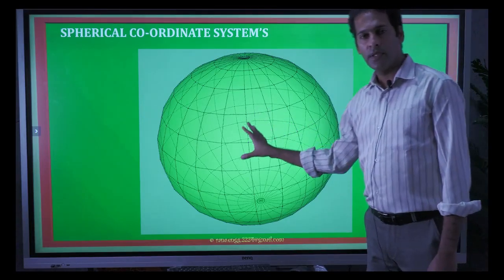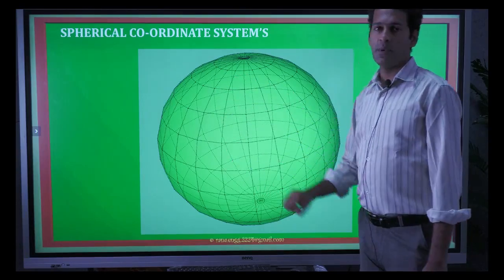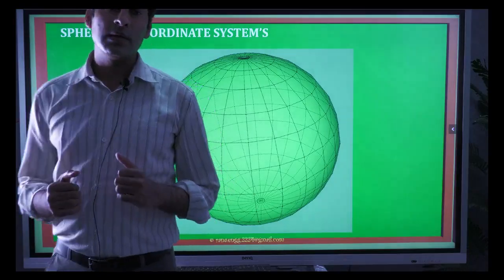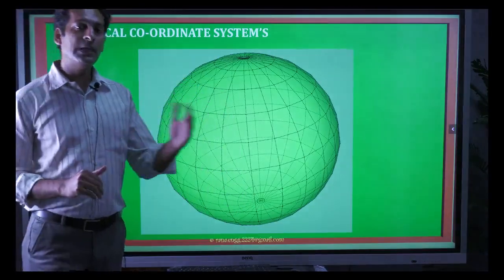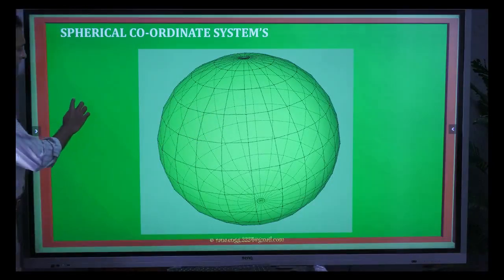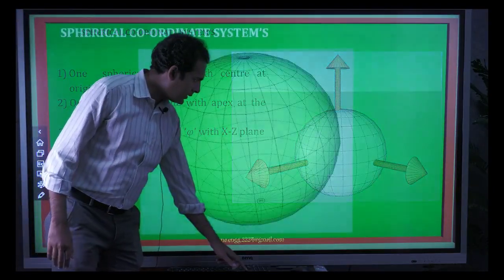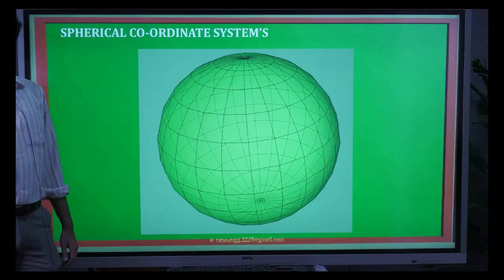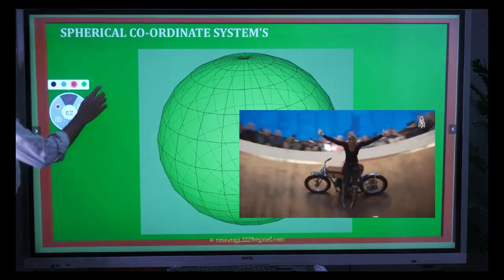Now this is something we have to study. This is the shape of a sphere. On this sphere we have to imagine ourselves. We have to imagine ourselves inside a sphere, and we have to identify a given point P inside it. You might have seen the well of death in your village or in a circus, where a biker rotates inside a half-spherical shape and tries to balance his bike.